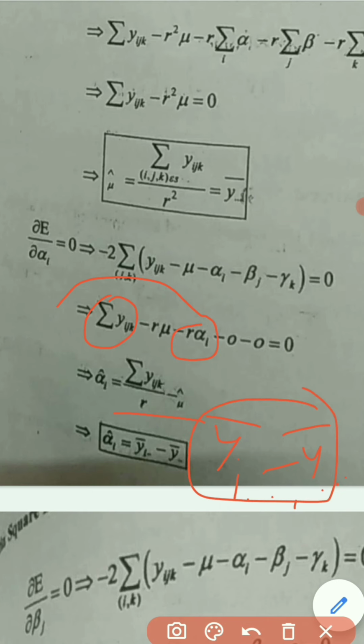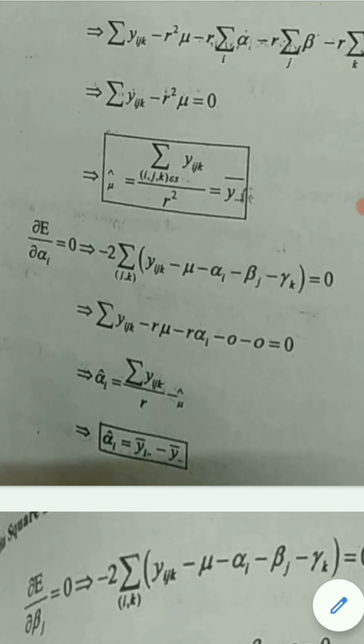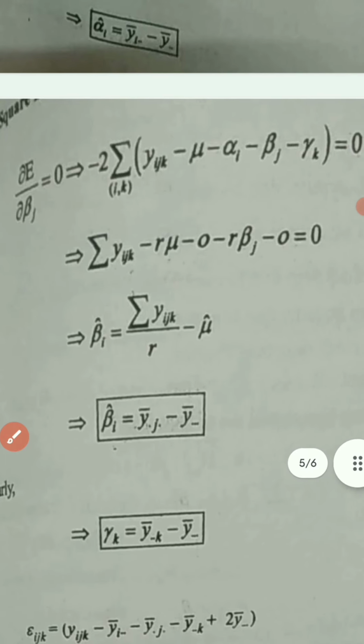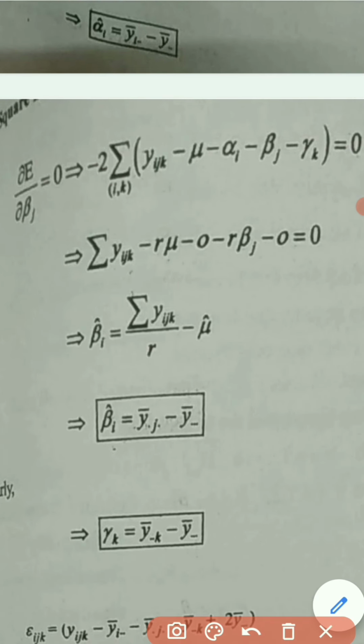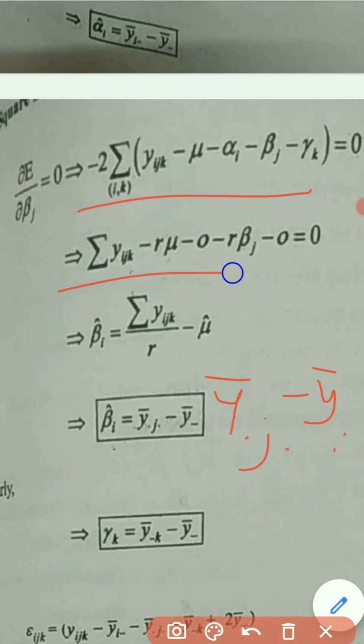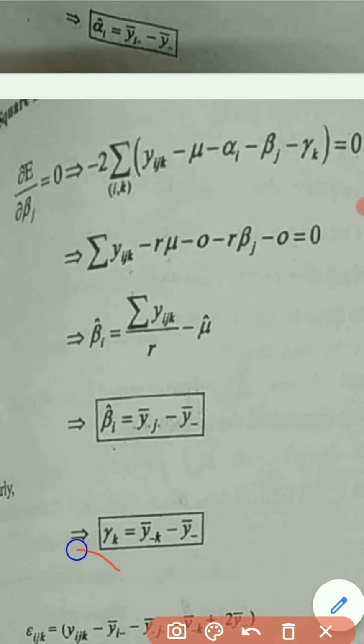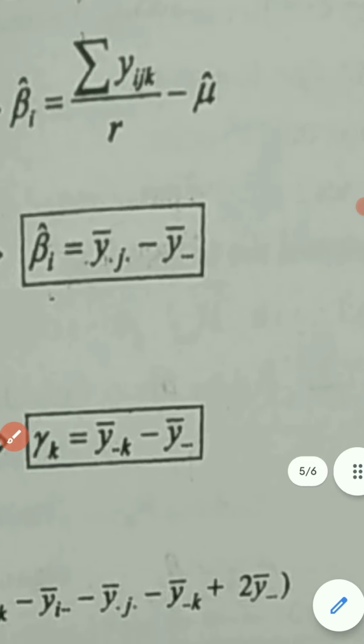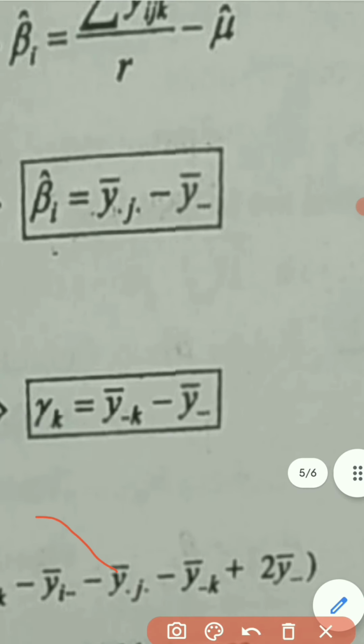This is for alpha i, students. Again for beta j, same thing, only y bar of dot j dot will be there minus y bar of dot dot dot. After all this evaluation, you will get this answer. Same for gamma k also. It will be nothing but this one. Okay, like this, students, it will be like this.